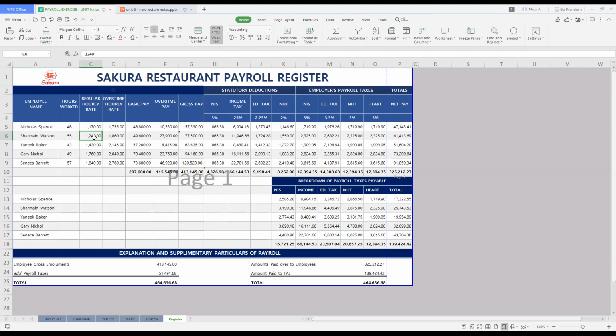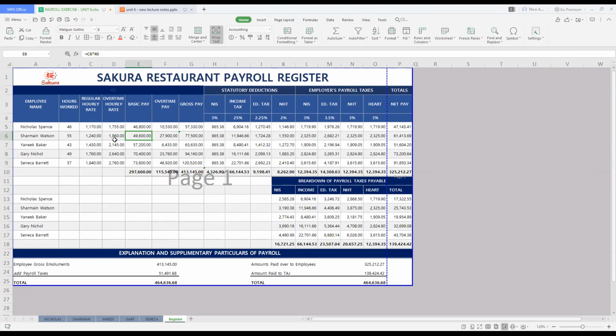Charmaine's hourly rate at basic is $1,240. So it will be 40 times 1,240, which would give you a basic pay of $49,600. Then the remaining 15 hours would be charged at time and a half.